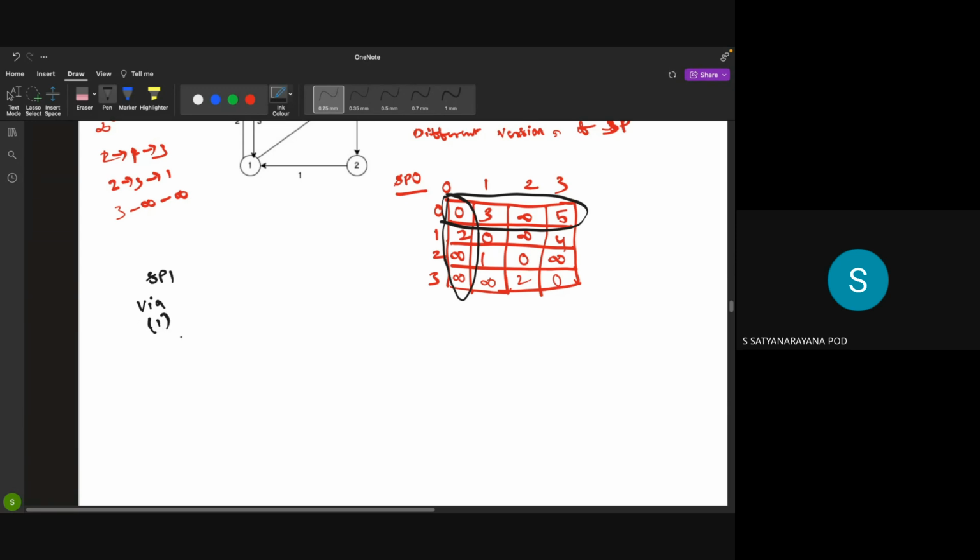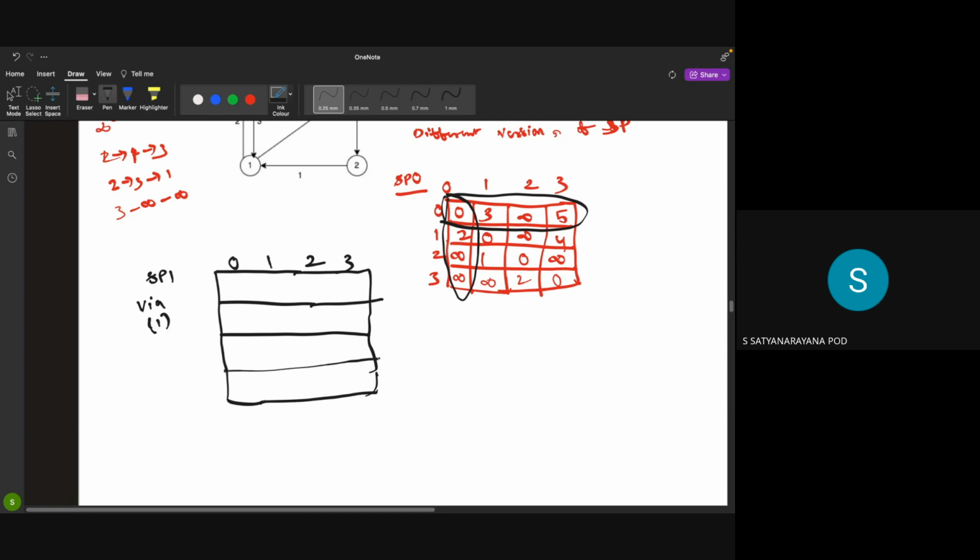So this vertex 1 we are trying to trace out. Now what I'll do is, it's the same matrix. The interesting thing I'll do, here 0, 1, 2, 3 and 0, 1, 2 and 3. We are taking this.